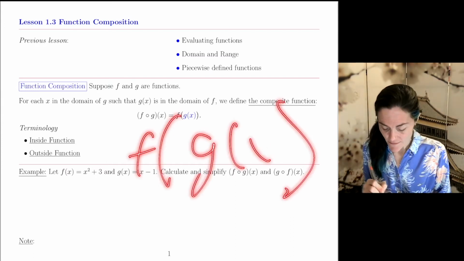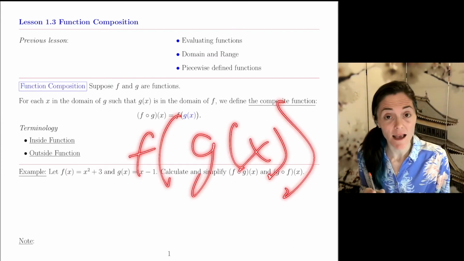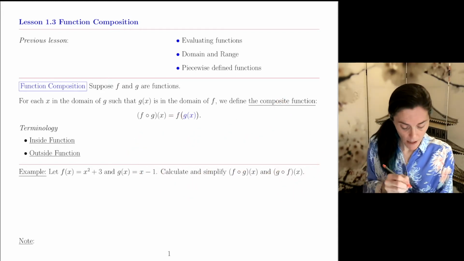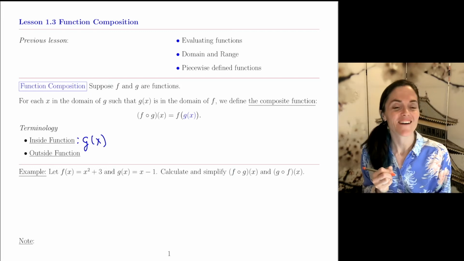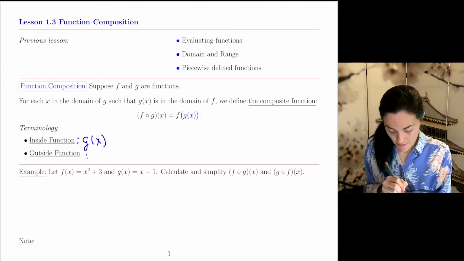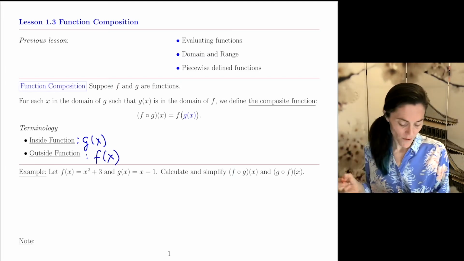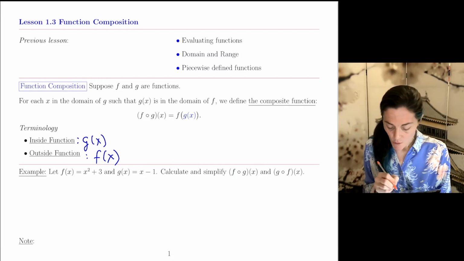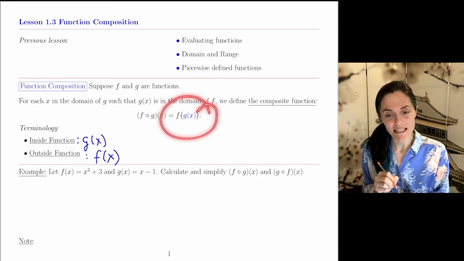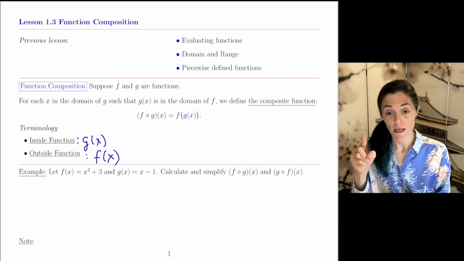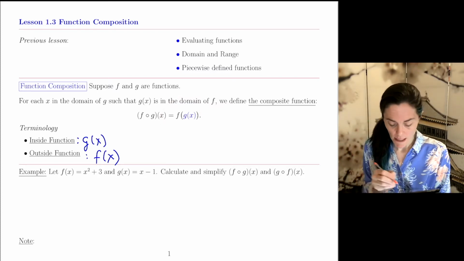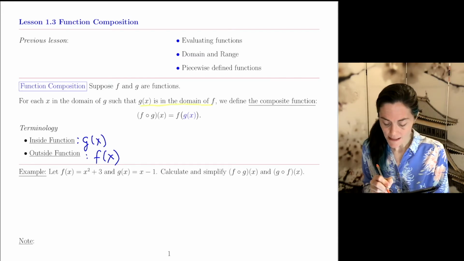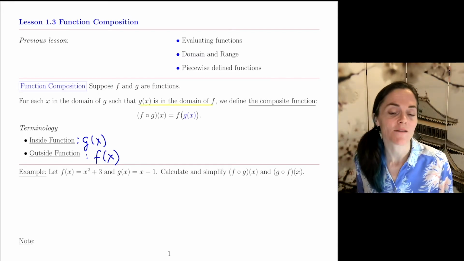We have this g of x here on the inside, and that's where I get this terminology. My inside function, I will typically call g of x, and my outside function I will refer to as f of x. But you can see by looking at this definition, you are evaluating f at g of x, and this is why we need this part, that g of x must be in the domain of f.